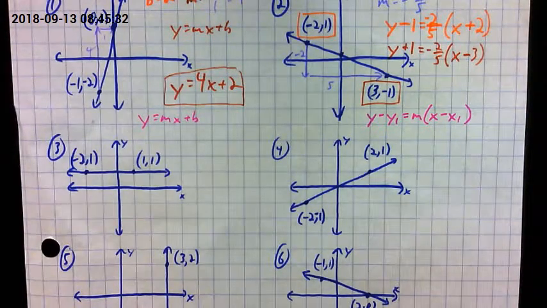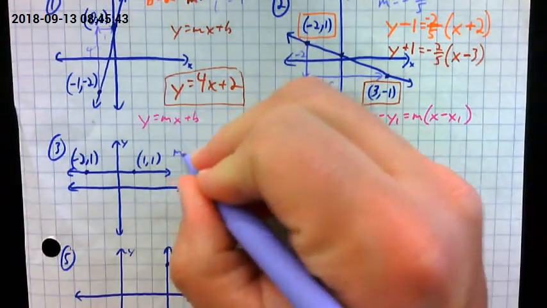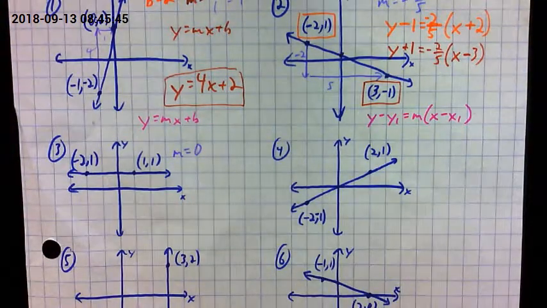All right. So on number 3, we have a horizontal line. Since it's a horizontal line, we should know automatically that we have a slope of 0. Can we easily identify our y-intercept? Yeah. What is our y-intercept?